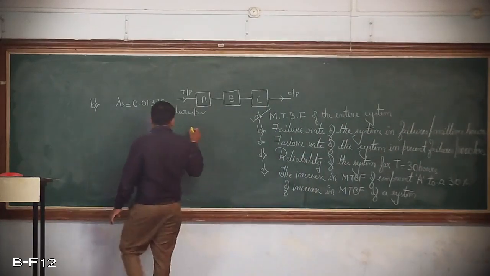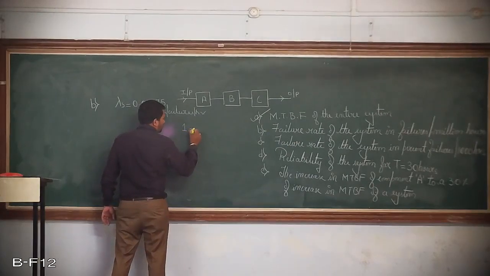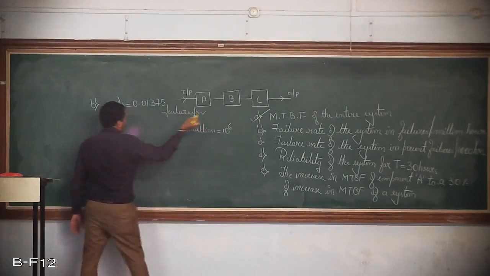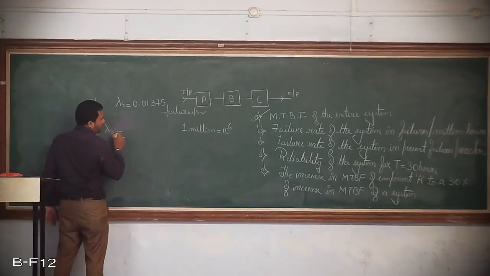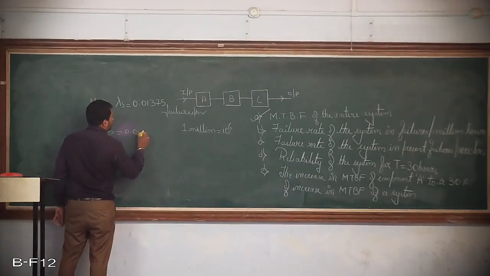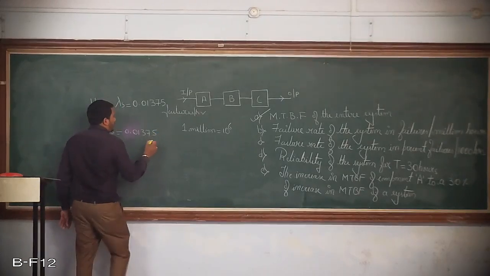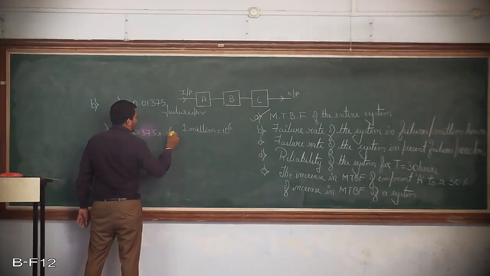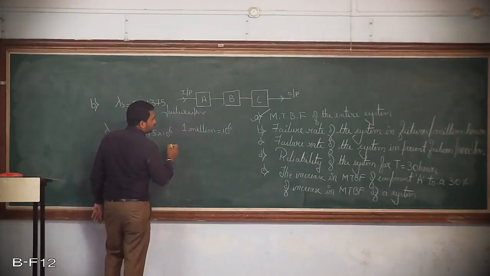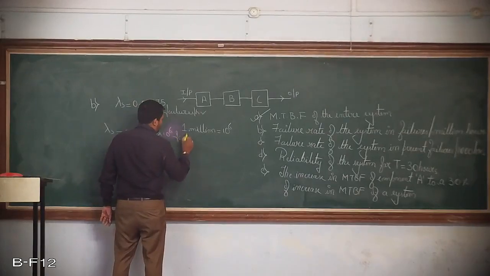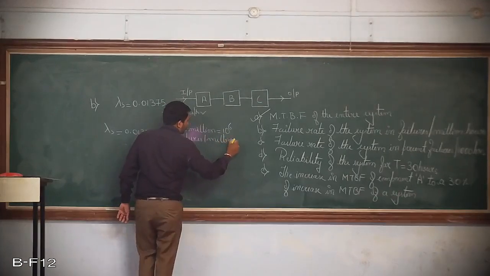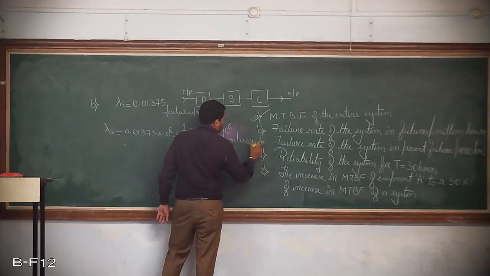Million means 10⁶. Hence the failure rate of the system in failures per million hours is equal to 0.5 into 10⁶ failures per million hours. That is B.